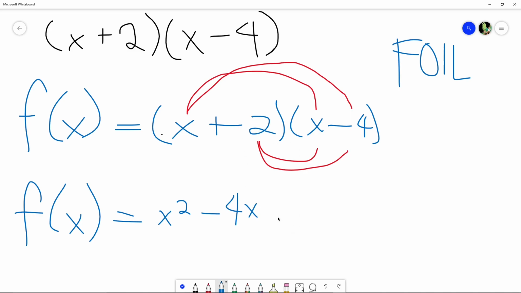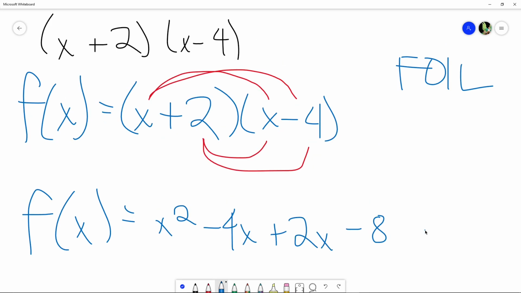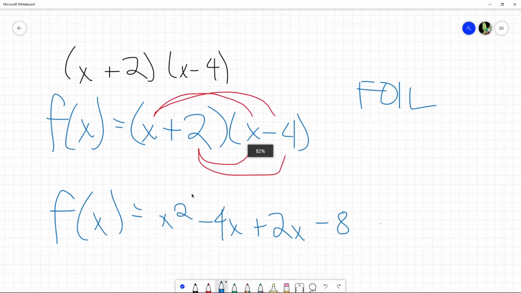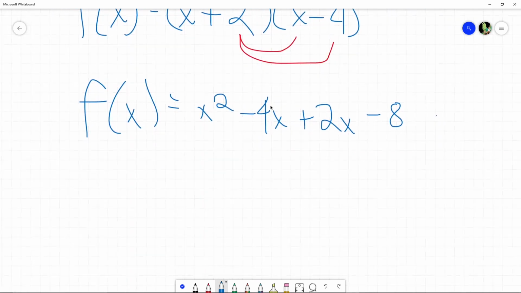Next is 2 times x, which becomes positive 2x. Then positive 2 times negative 4 equals negative 8. Alright. So now, after this point, we're going to simplify this by, of course, adding all of the like terms that we have.